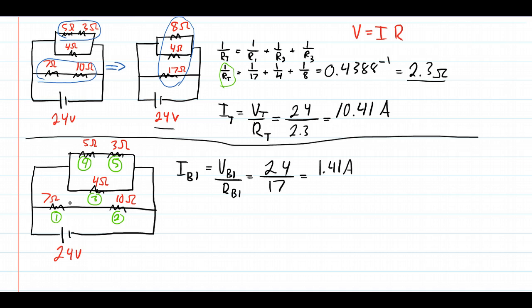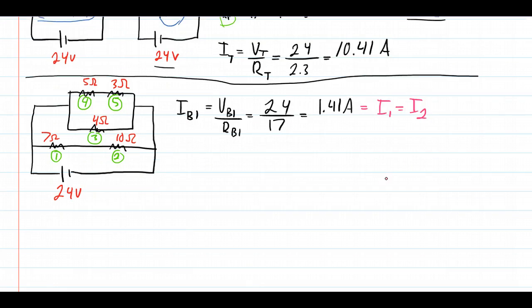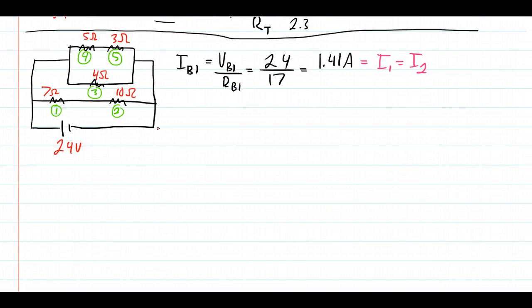But remember, current doesn't change because of individual resistors. So because of that, we can also say that this will be the current across resistor number 1, which will also equal the current across resistor number 2. So now that we have the current for each of those two resistors, we can find the voltage drop across each resistor as well. And we can do this again using Ohm's law.